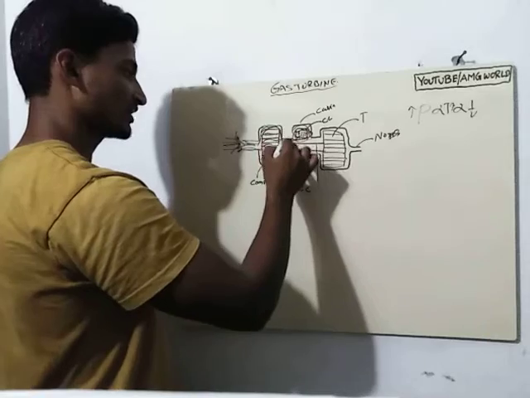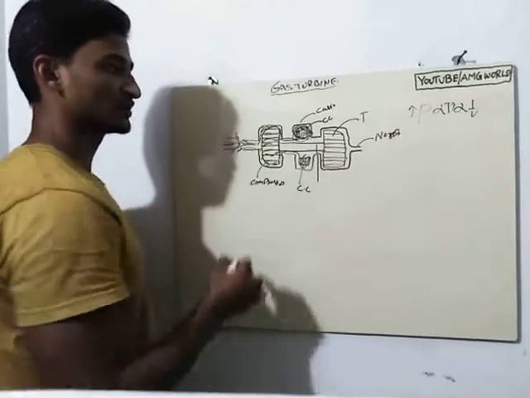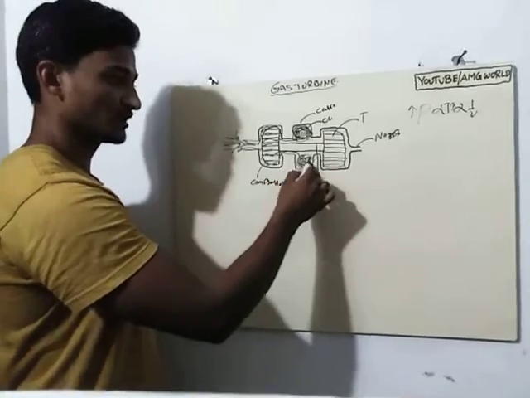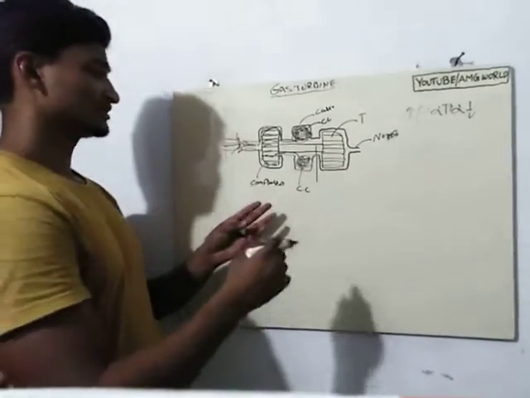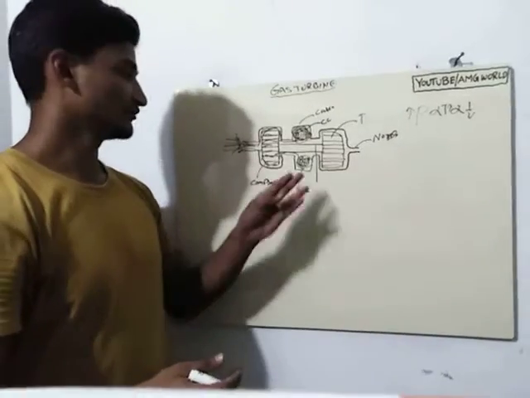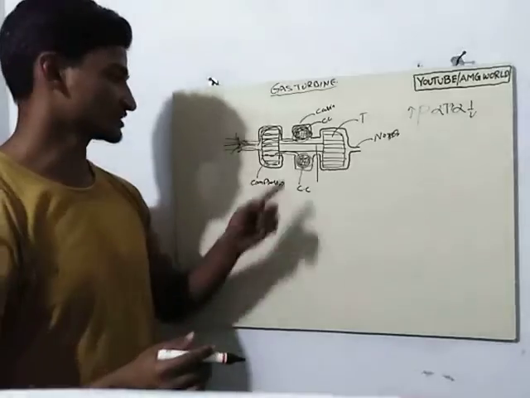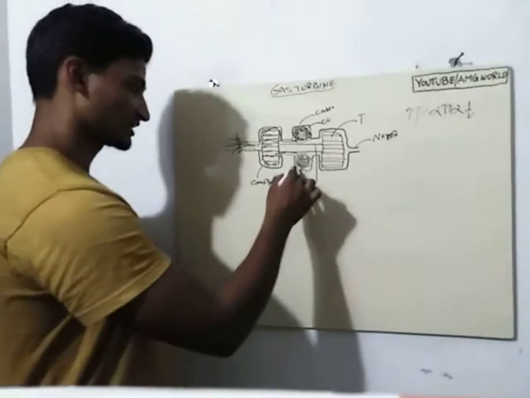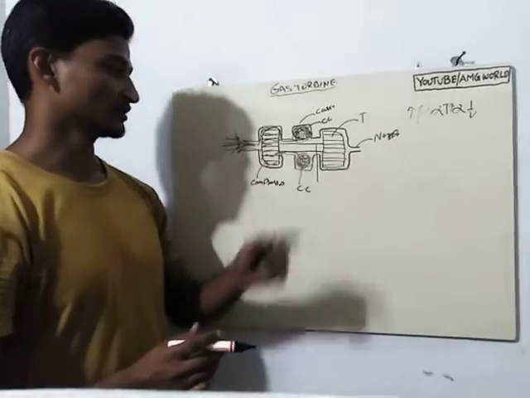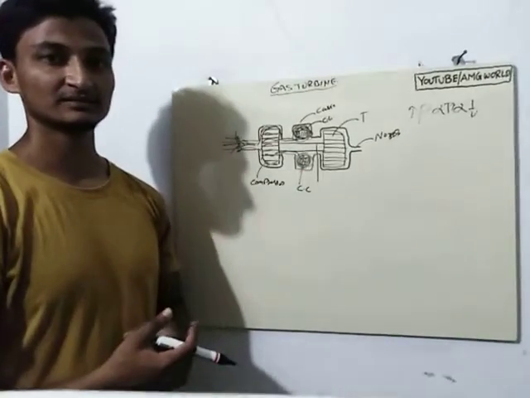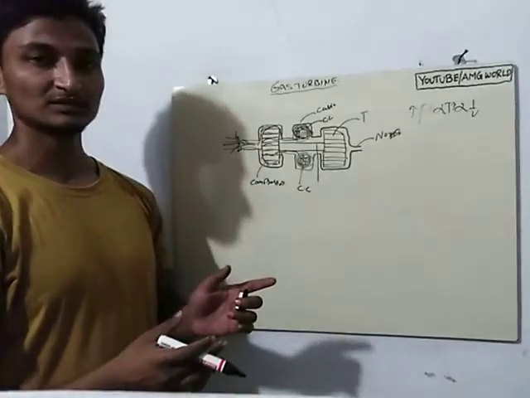Here the high temperature and high pressure air is introduced into this combustion chamber, and here we have a fuel injector which injects fuel into this charged compressed air, and a spark plug is also provided in this combustion chamber, which ignites the air fuel mixture.